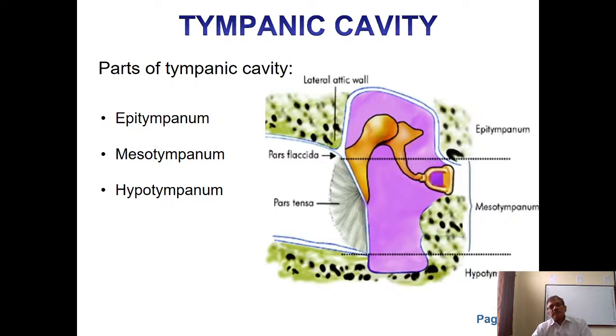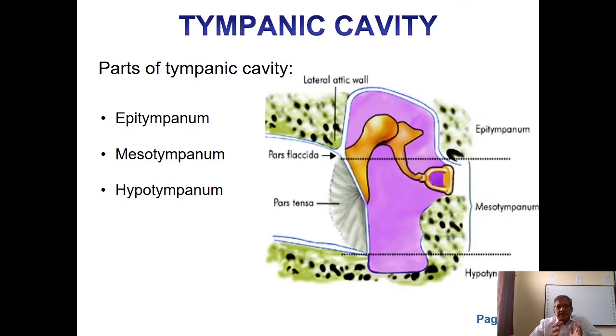And the tympanic membrane, as I told you, is one of the lateral walls of the tympanic cavity. So the tympanic cavity has a roof, a floor, a medial wall, an anterior wall, and a posterior wall.